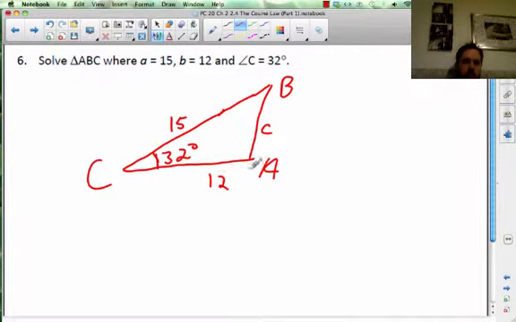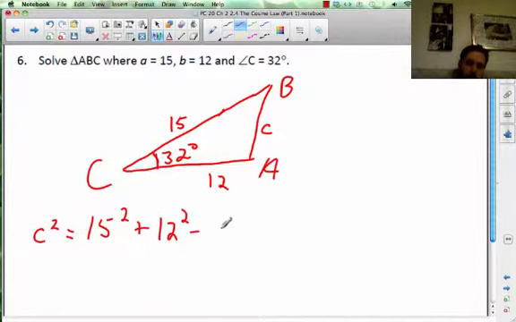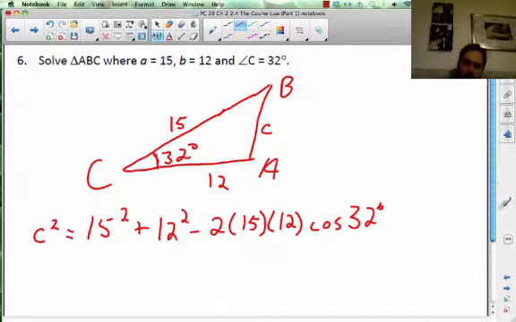So let's solve for side c here. c squared equals a squared plus b squared minus 2ab cos C, where C is 32 degrees.